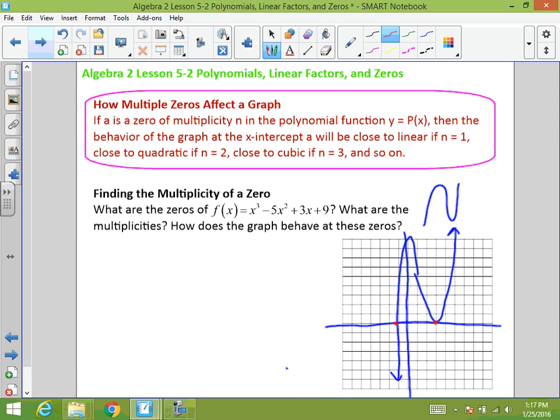So this point here is a multiple zero, and that's the point 3. So 3 is one of the zeros, and it has a multiplicity of 2, since the graph only touches the x-axis.